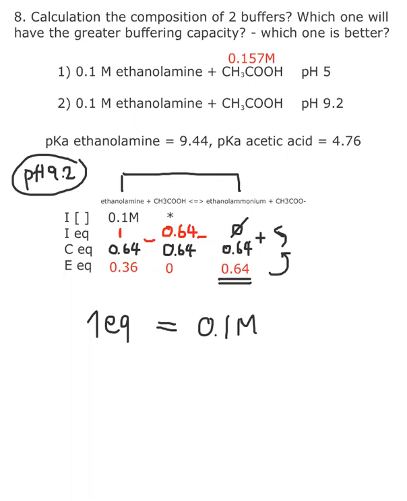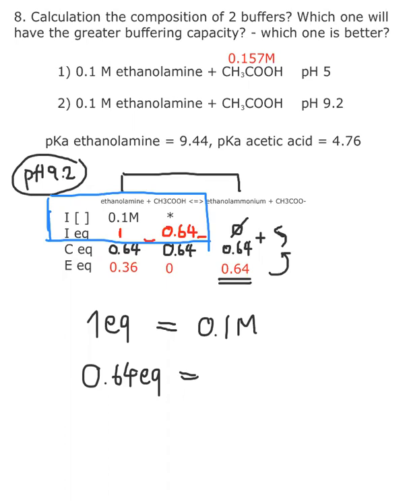But since we want to know the concentration of the acetic acid here, we can say that if 1 equivalence equals 0.1 molar, we want to know 0.64 equivalence because we start from 0.64 equivalence of acetic acid. What will be the concentration of 0.64 equivalence?